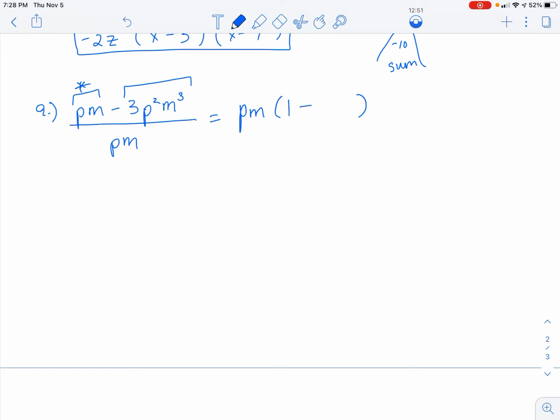We know it's going to be a subtraction. And what would it take to get me back to 3p squared m cubed? I would need to put my 3 in there. I would need to put another p and 2 m's, right? So if I were to redistribute this, I would have negative 3p squared m to the third power, which is exactly what that second term was.